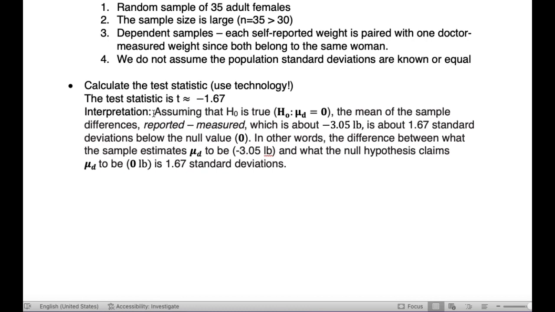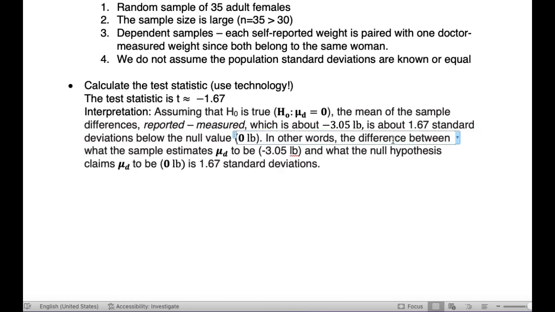Let's take a second to interpret that. This means that assuming H naught is true, so the null hypothesis is true and the mean of all those differences is just 0, so there's no underreporting going on or overreporting, the mean of the sample differences, reported minus measured, which is about -3 pounds, is about 1.67 standard deviations below the null value, which is 0 pounds.